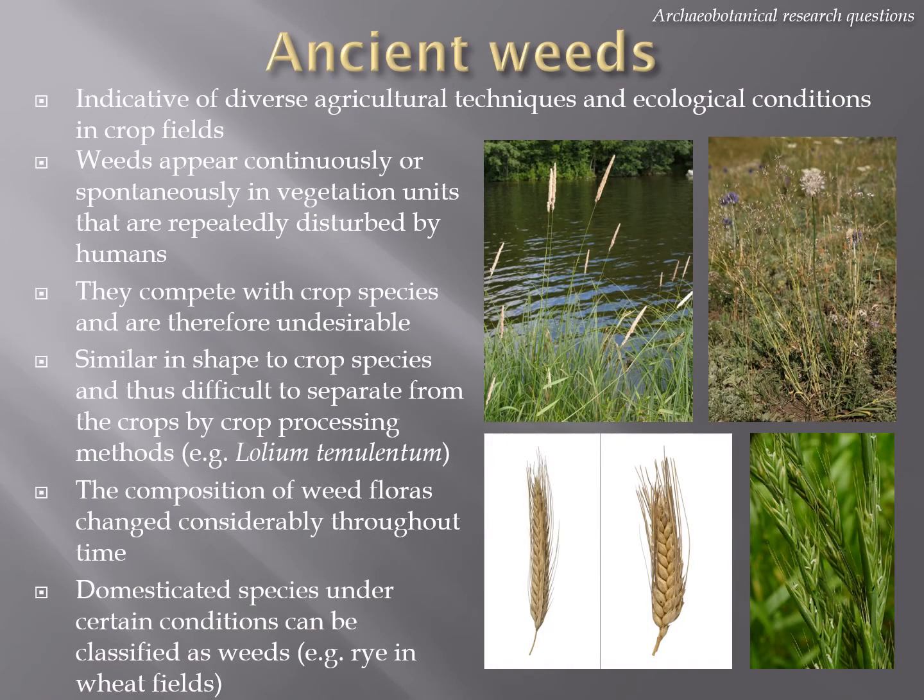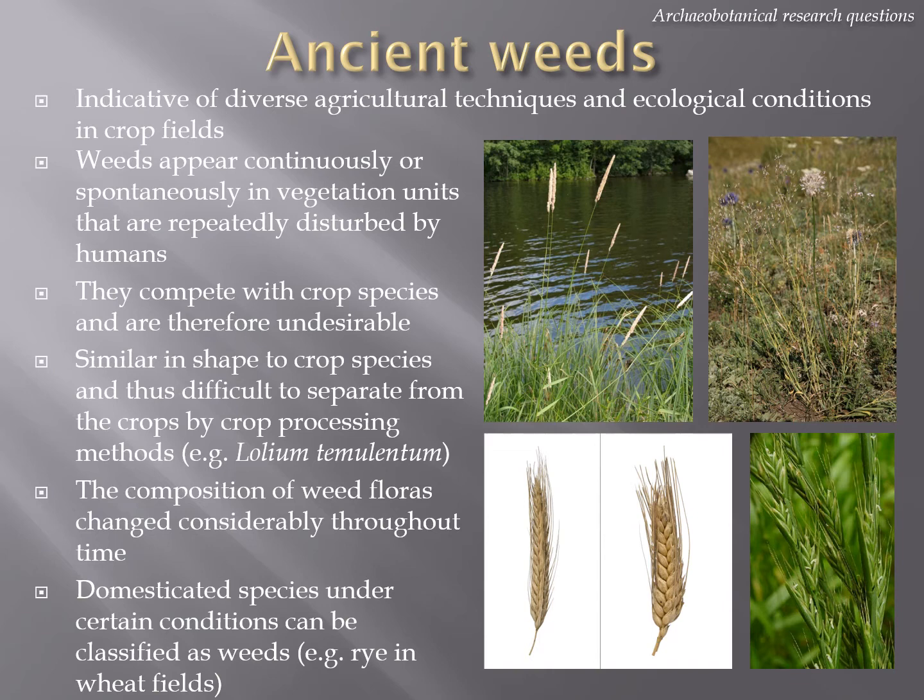Archaeobotanists often apply ecological criteria to study wild plant species and in particular weeds, in order to investigate ancient growing conditions for crop species and agricultural technology. But how do we define a weed species?